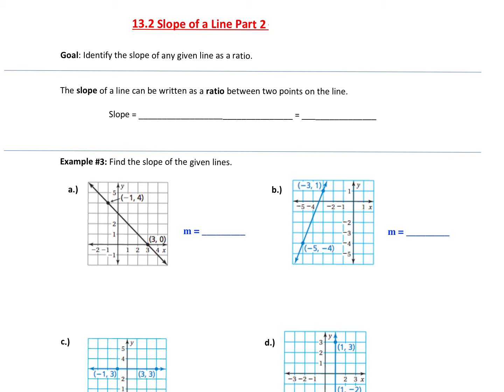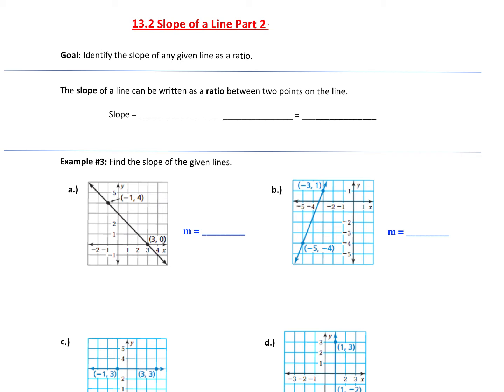All right, for part 2 here, we've now learned how to identify slope in its direction, right? And whether it's positive or if it's negative, a zero slope or an undefined slope. But now we're going to learn to identify its steepness. And we do that with a number, a ratio. All right, so the slope of a line can be written as a ratio between 2 points on the line.